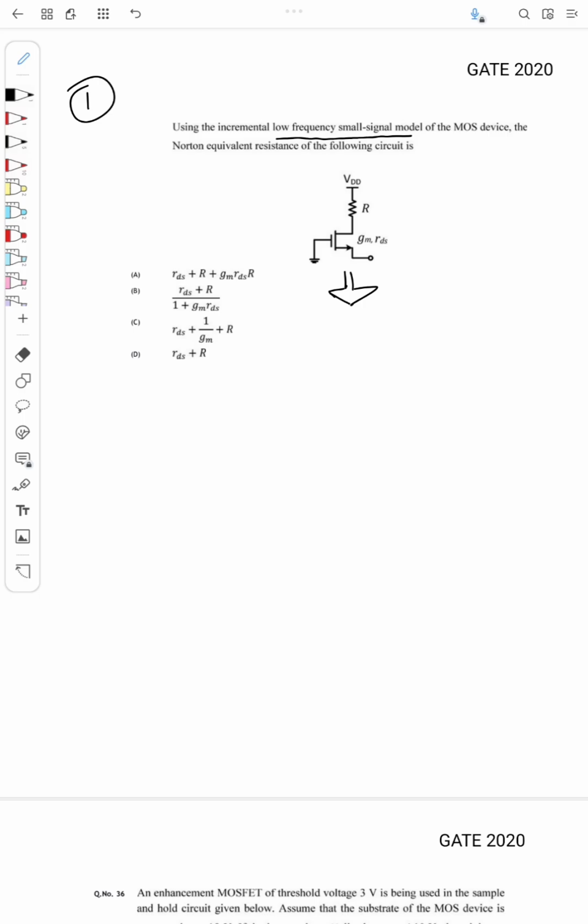So I will just draw the pi model of the MOSFET. This is an NMOS, so the pi model will be like this.